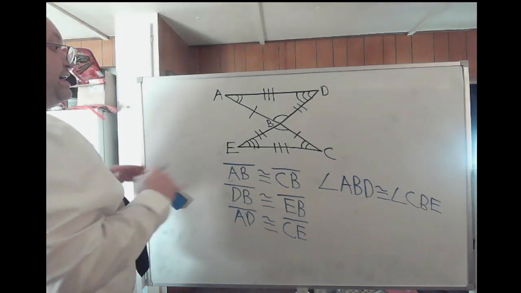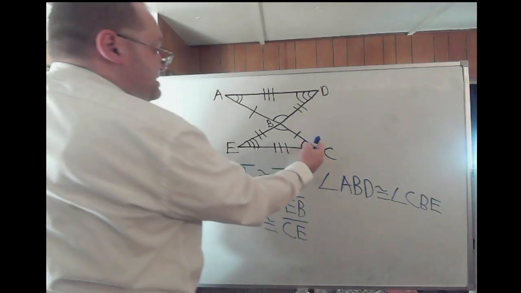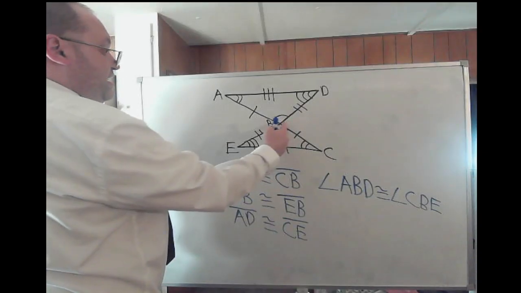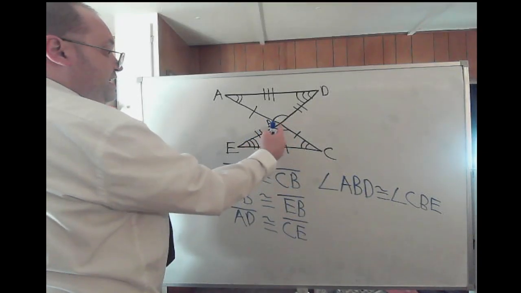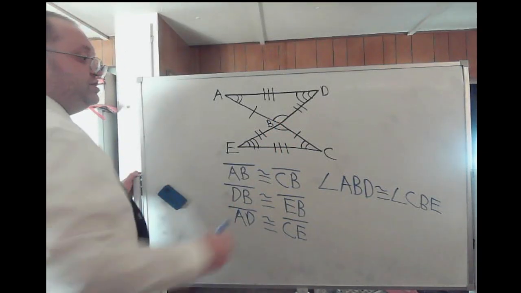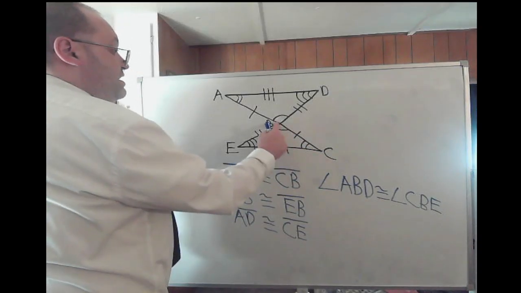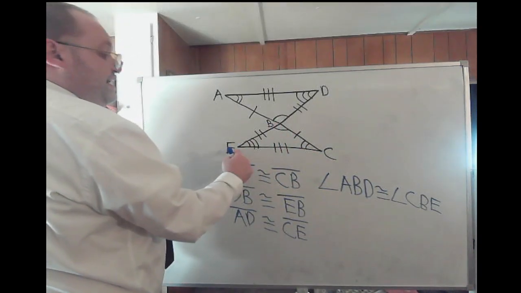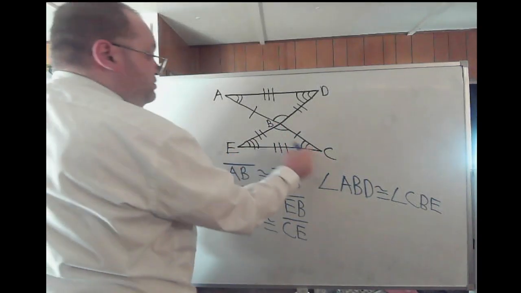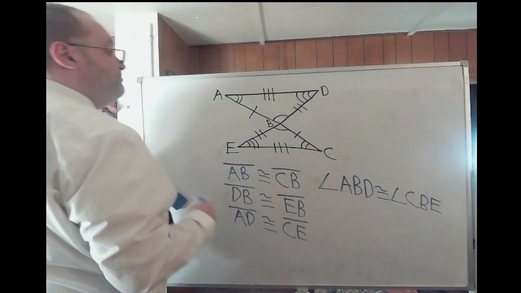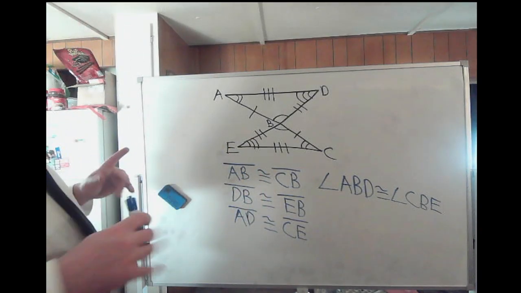Okay? Because line segments CB and BE join at the angle here. So that's how you do it. Starts at C, goes to B, ends at E. That's how you get angle CBE, since you have more than one angle at that point.